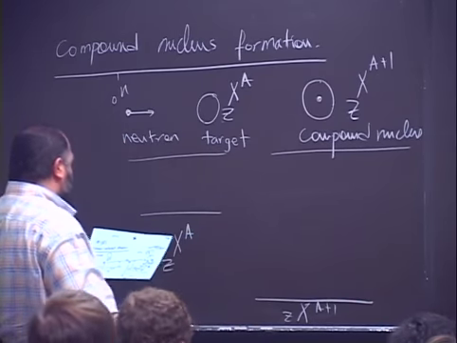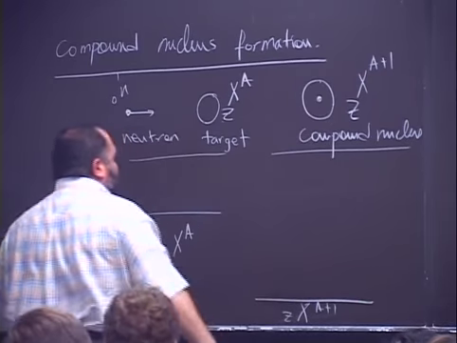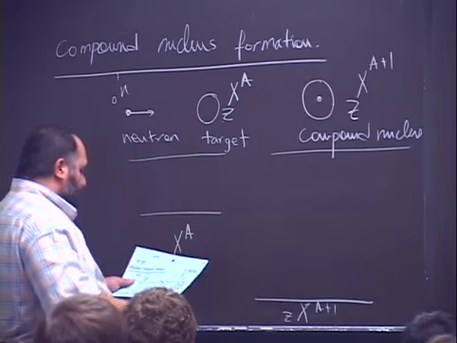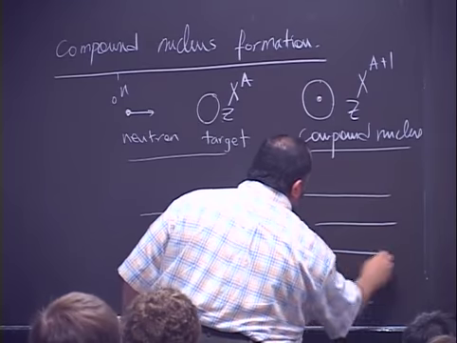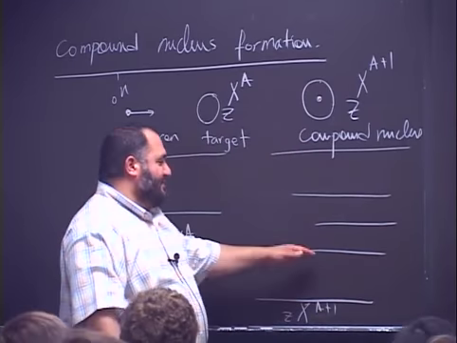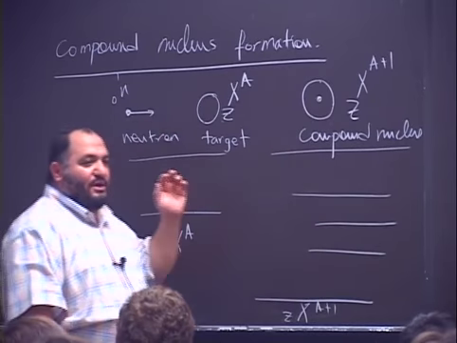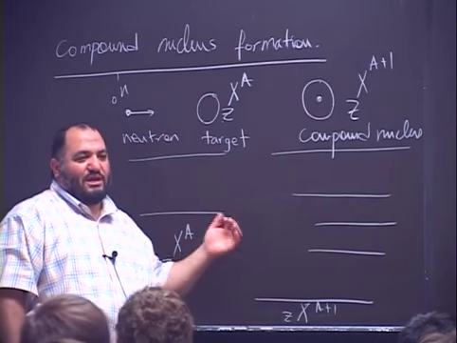The energy level that the compound nucleus will be excited at came from two components. Let's say this is the ground state, first excited, second excited, third excited, fourth excited, and so on. You can represent the nucleus like the atomic shells.